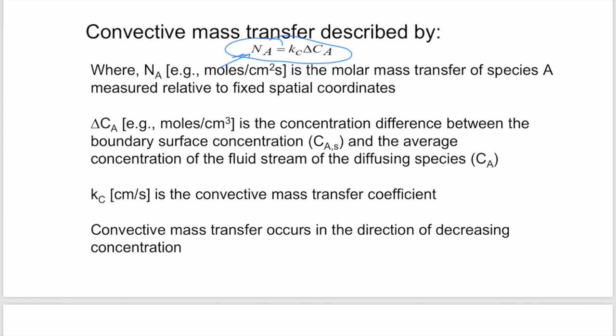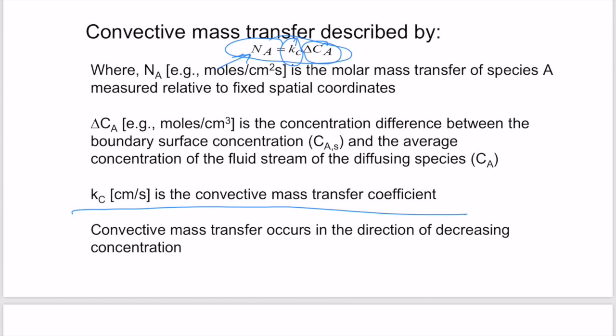Here's our flux. This is the difference in concentration between the surface and C infinity, far from the surface. I'm noticing this is a delta, not a del operator. And this Kc is our convective mass transfer coefficient.